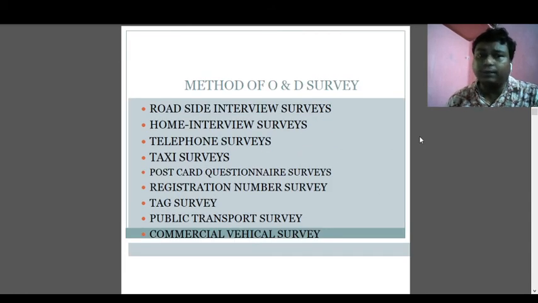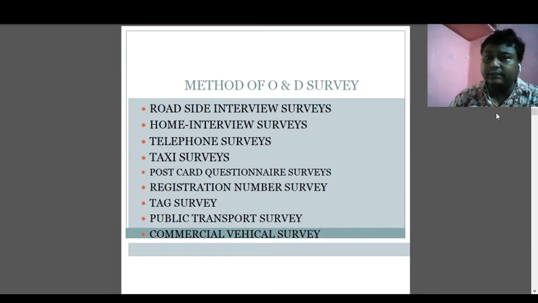Next, the methods of O&D survey: the roadside interview survey, home interview survey, telephone survey, taxi survey, postcard questionnaire survey, registration number survey, public transportation survey, and commercial vehicle survey. These are very basic and simple types of survey. You can find the details in your lecture notes.